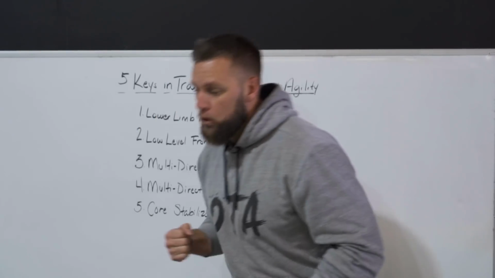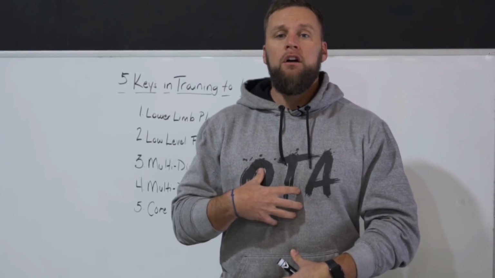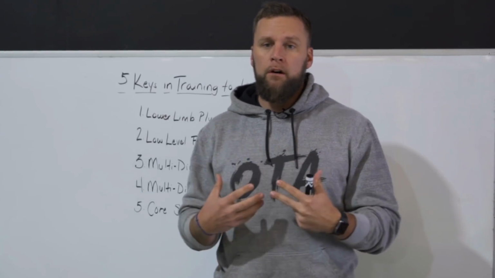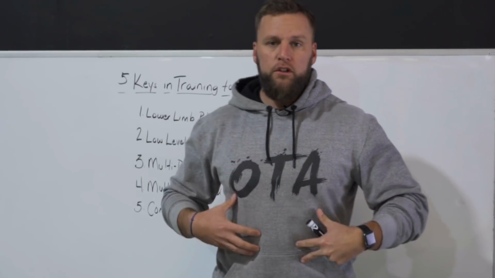So if I'm stopping, boom, and I'm coming back this way, what's holding up my top half? My trunk, right? So we want to perform anti-stabilization carries with the trunk to be able to support that.